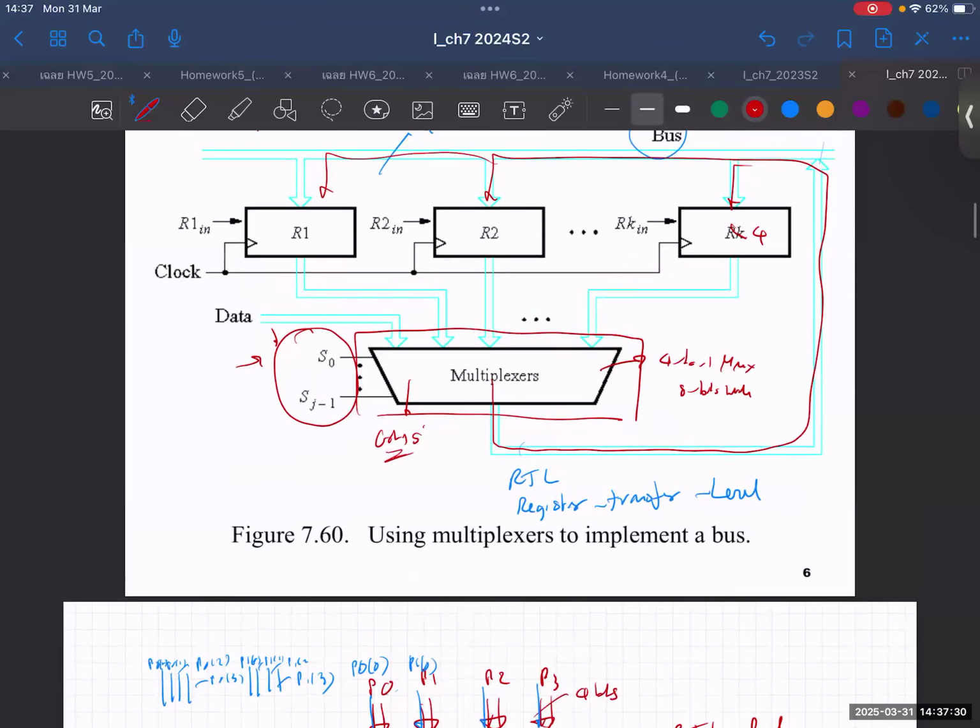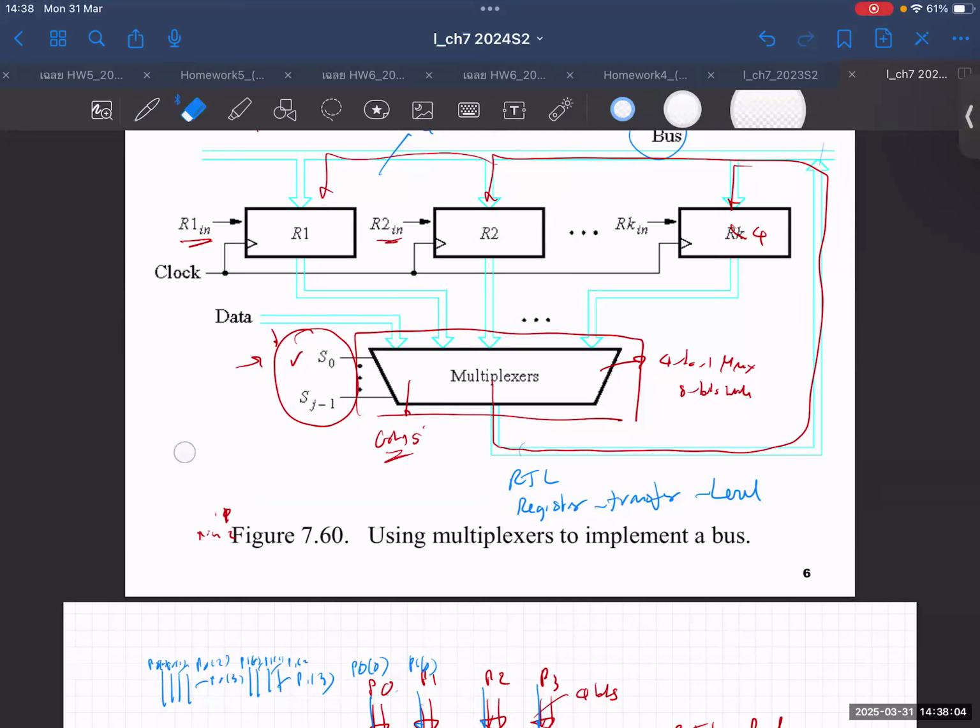The control signals will be S1 and S0, to control the mux, and R in 1, R in 2, because the release signal is no more. It's controlled by the mux, and the output is always present. It's just which one you want to select out, right? And you have R in 0, R in 1, R in 2.